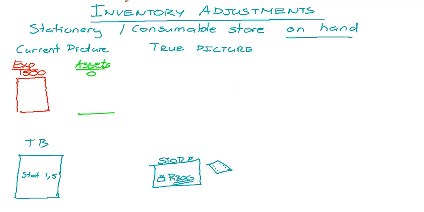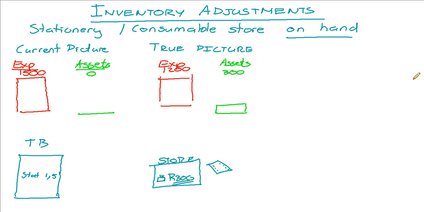Alright, so what that means is I actually still own some assets. So if we look at the assets versus the expenses, we will see that my assets is actually around about 300 Rand. So there we go. And my expenses is now going to be slightly less. Alright, it's going to be 1,200 Rand.